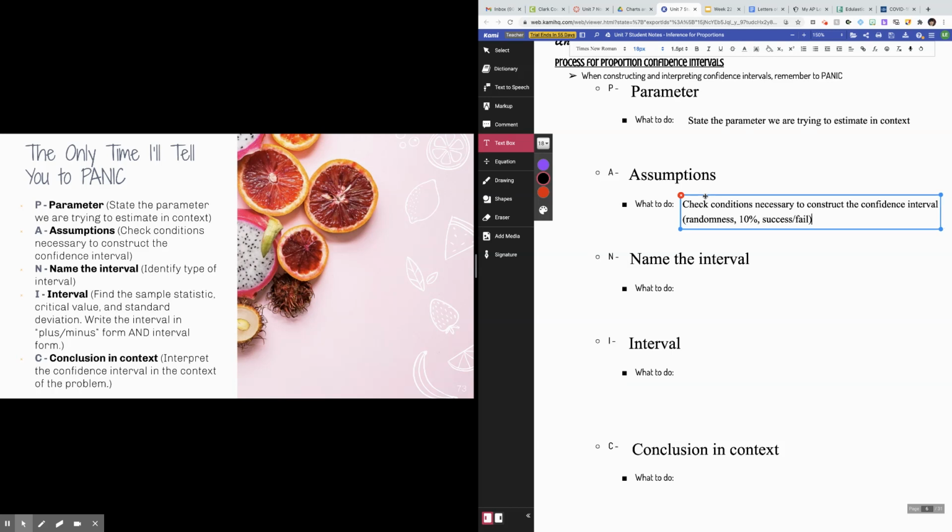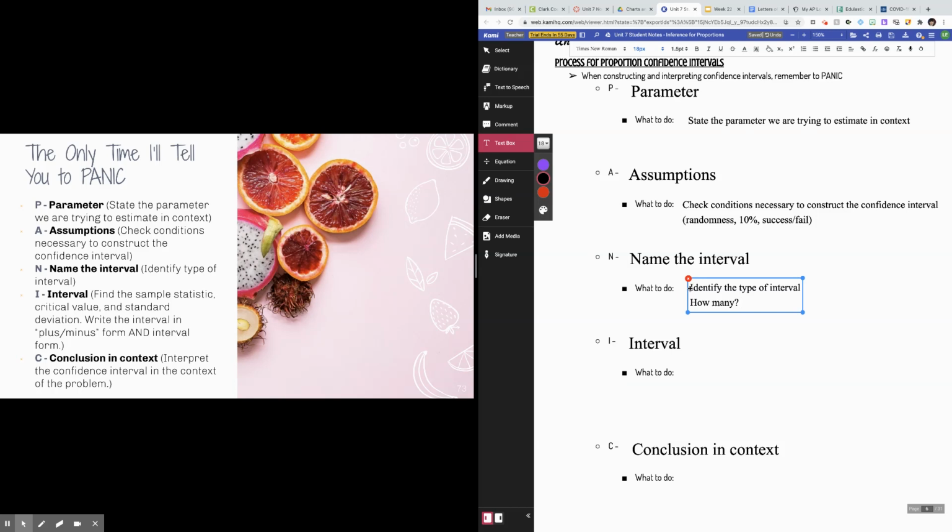Okay. N stands for name the interval. Okay, so all you're doing here is you are identifying the type of interval. Okay, and there's a couple of key questions that you want to ask yourself in order to name the interval. Okay, so like how many means or proportions are you dealing with?